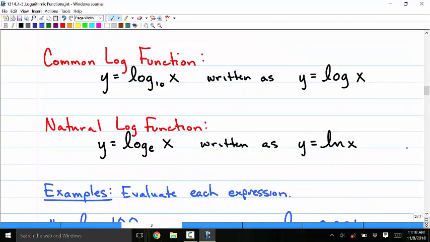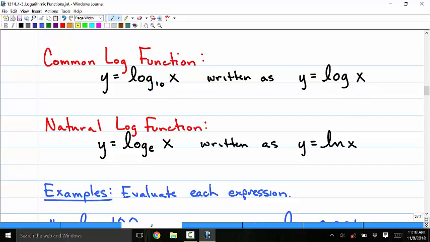Okay, we have two special logarithms. One is called the common log, one is called the natural log. The common log is base 10. If you want to write log base 10 of something, you don't even have to put the 10 there. You can put nothing there, and it's understood to be base 10.